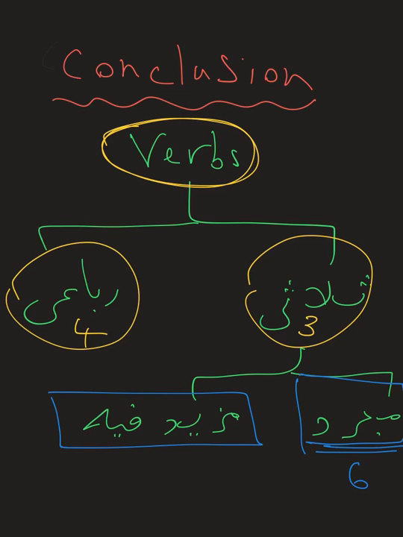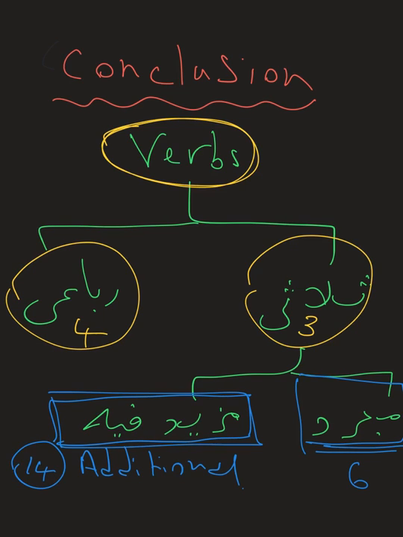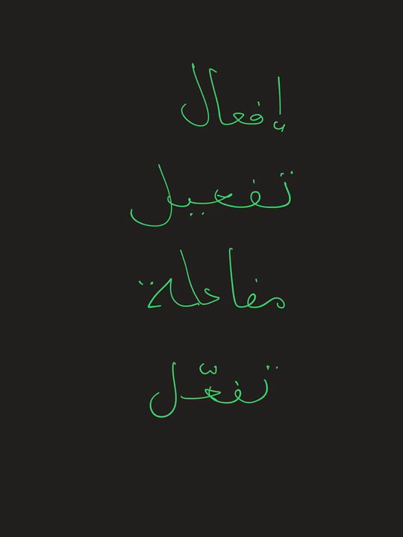If there are 3 root letters and also additional non-root letters, we call them thulathi mazid fi, and there are a total of 14 categories of thulathi mazid fi. And out of the 14 abwab, we have done now 4: babul if'al, babul taf'il, babul mufa'ala, and the one we have covered today is babul tafa'ul, where the madi is tafa'ala and the mudari' is yatafa'alu.